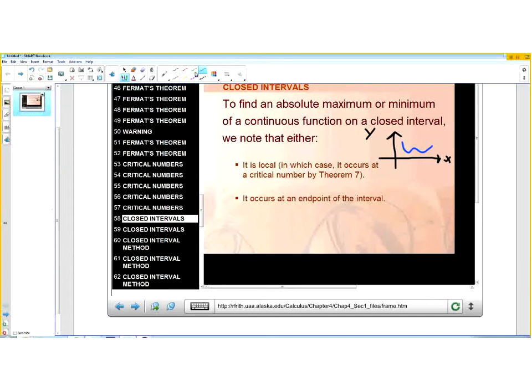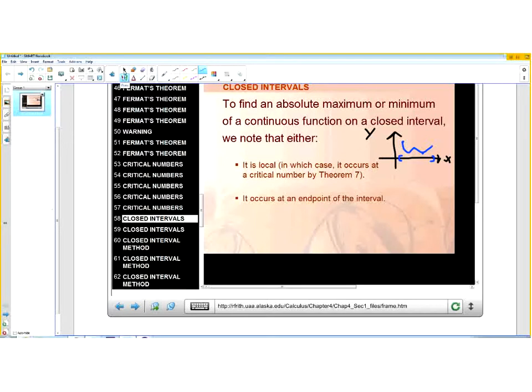Its domain is a closed interval, so the function is defined at the endpoints. Here we have the absolute max occurring at an endpoint, then a local max occurring interior to the closed interval, and a global minimum occurring in the interior of the closed interval. So the extremes occur either at a critical number on the interval, or at an endpoint.